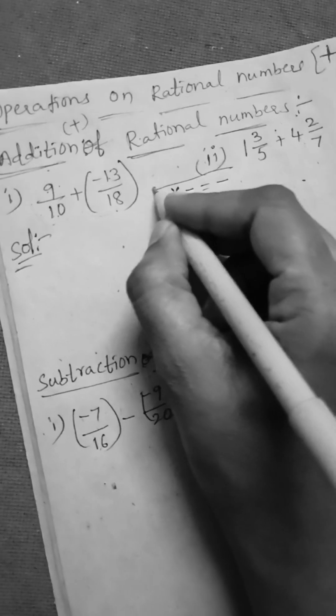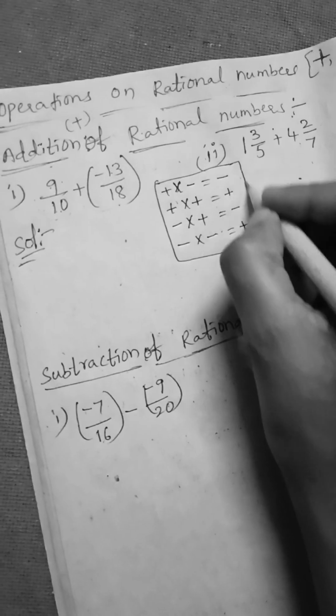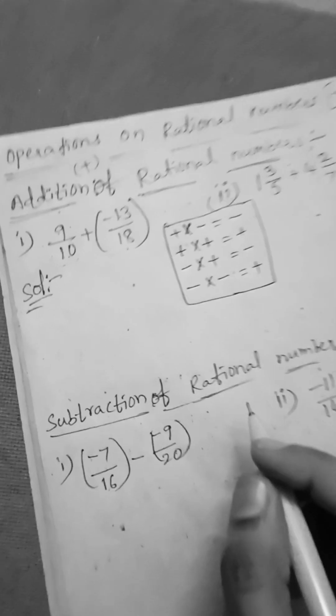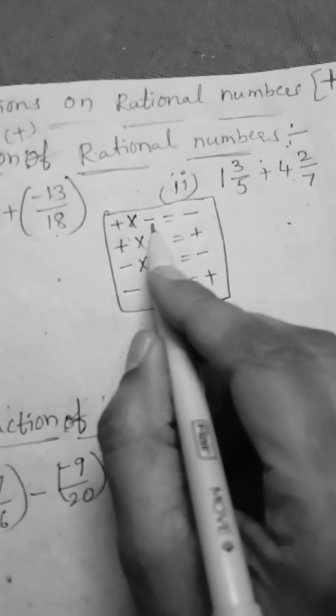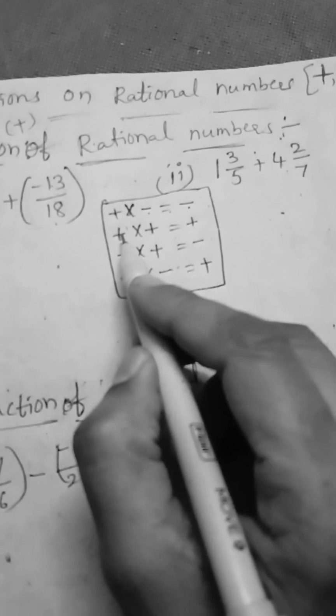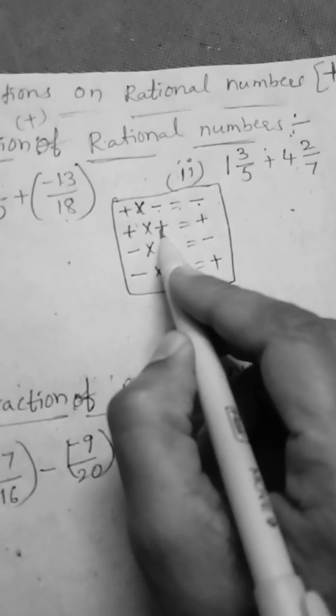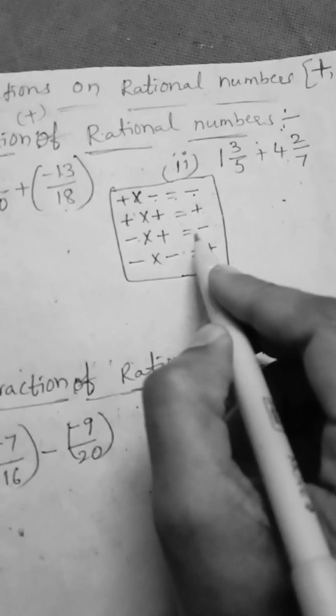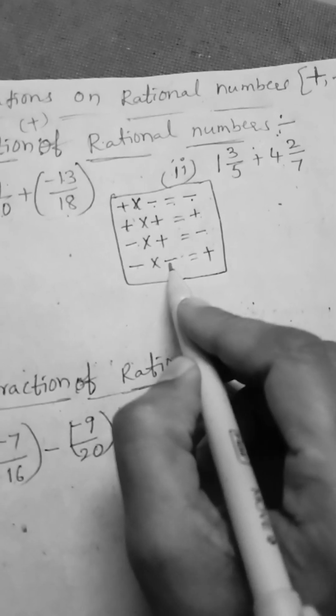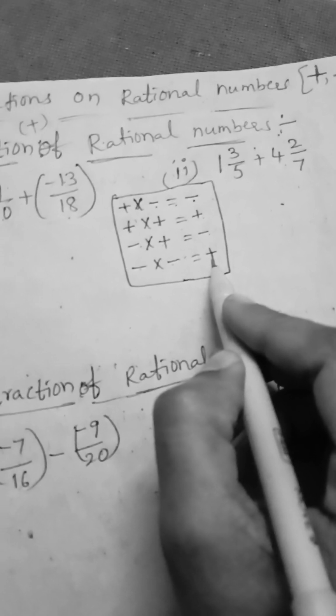This box is very, very important. We have to know these. Plus into minus equal to minus. Plus into plus equal to plus. Minus into plus equal to minus. Minus into minus equal to plus.